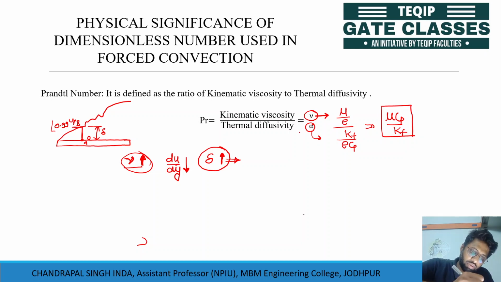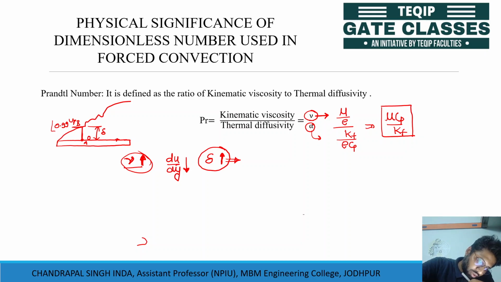Now we have thermal diffusivity alpha. Here there is heat diffusion due to the flowing of the fluid. Due to the heat diffusion, there is a formation of the thermal boundary layer. The thermal boundary layer is a region where the temperature gradient occurs.